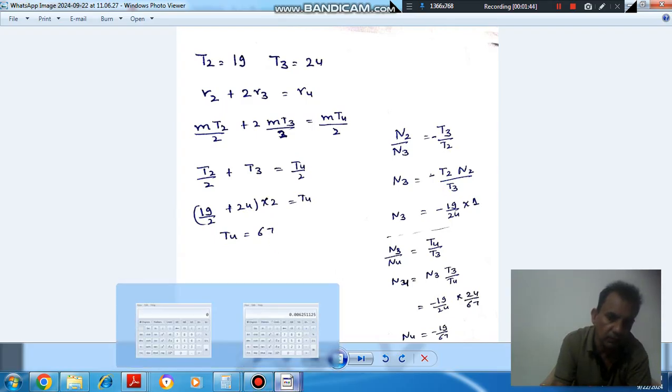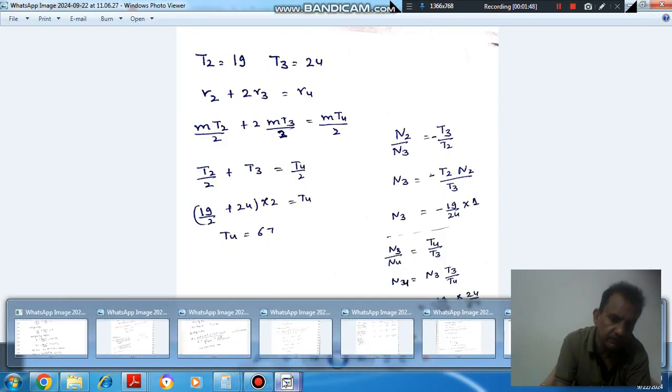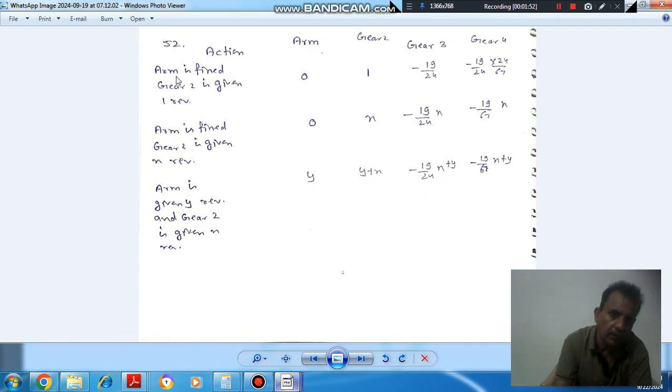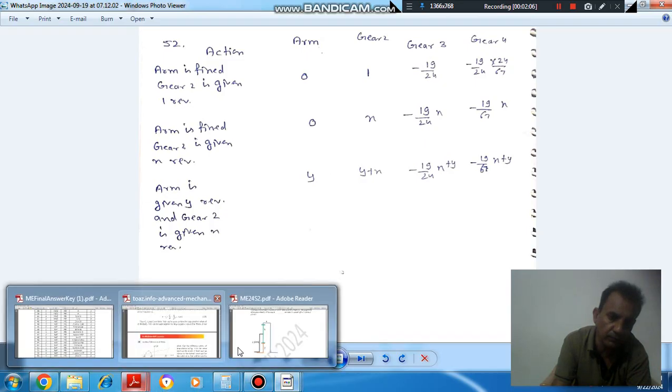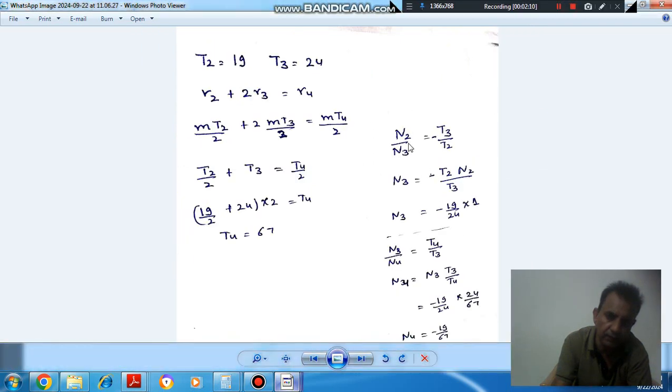Now we will perform some actions and see the result. The first action: the arm is fixed and gear 2 is given 1 revolution. So the arm's revolution is 0 and gear 2's is 1, and for 1 revolution of gear 2 we'll find the revolution of gear 3. We have N3 by N2 is equal to minus T2 by T3.